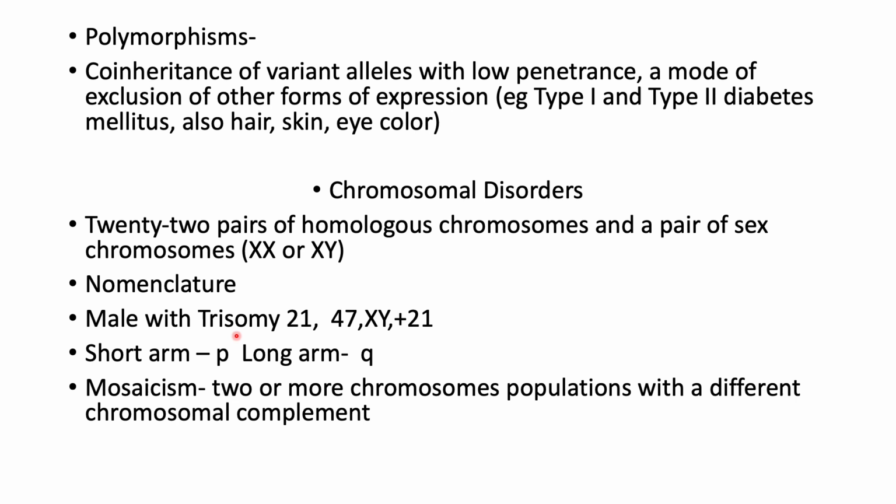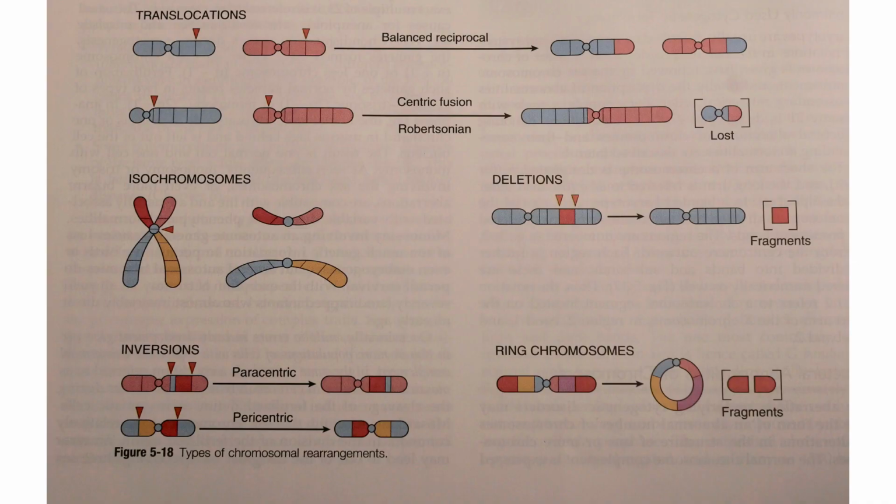The nomenclature: a male with trisomy 21 has 47 chromosomes, XY, and an extra 21 chromosome. The short arm is designated as P, the long arm is Q, and mosaicism is where two or more chromosome populations have a different chromosomal complement.